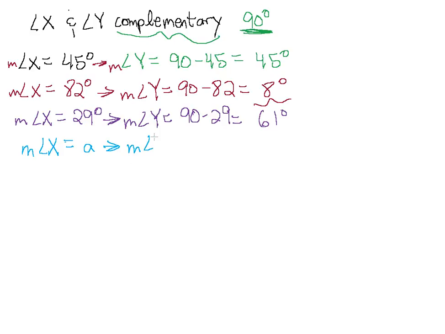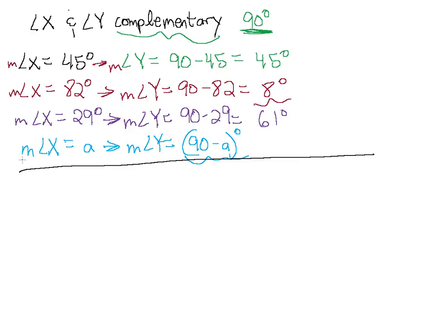The measure of angle Y works the same, it's just 90 degrees minus the measure of angle X. So 90 minus A. We'll put the degrees on the outside, because whatever this expression equals is going to be in degrees. So this is going to be the measure of angle Y, because these two angles are complementary. All right, let's take a look at another one.